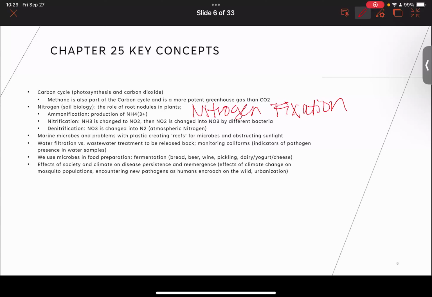And like I mentioned in class, these islands can be as large as, there's one that is larger than Texas in the ocean. So you can imagine that creating a massive issue in the ocean life that lives beneath it.